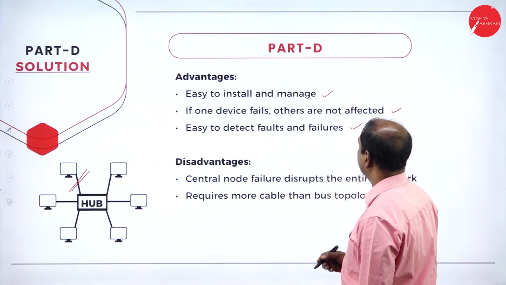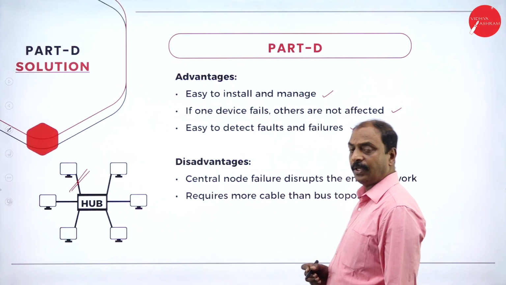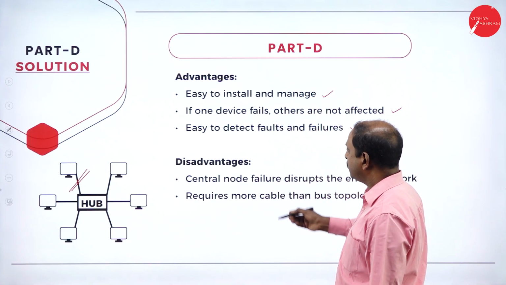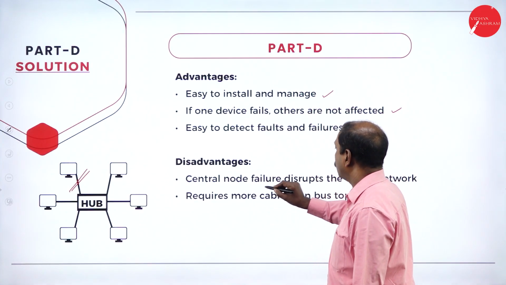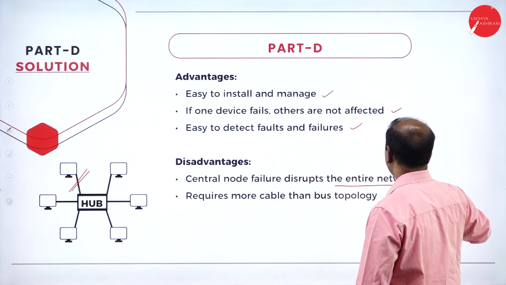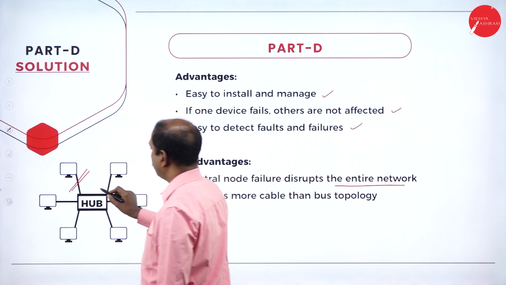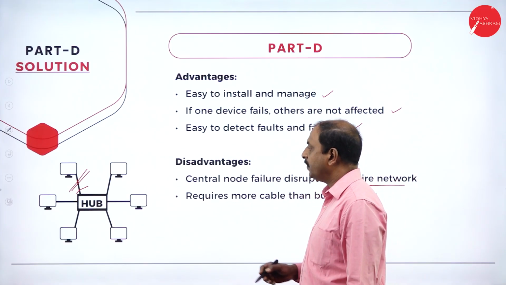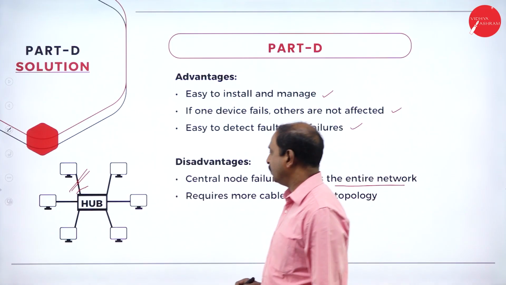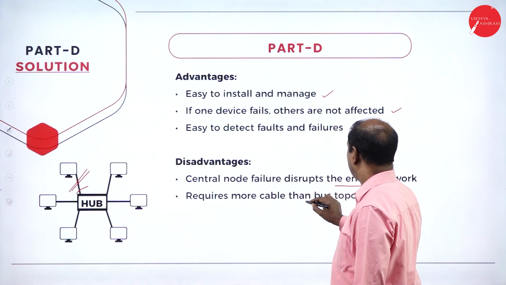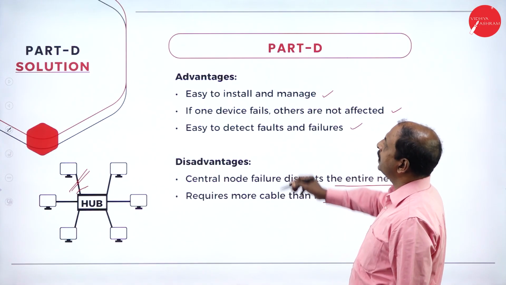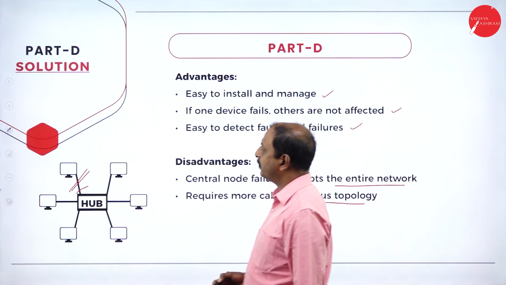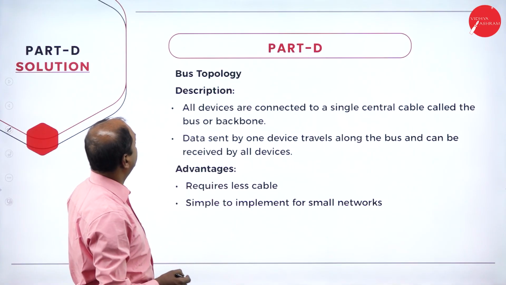Easy to detect faults and failures. And what are the drawbacks? Disadvantages: central node failure disrupts the entire network. Means any problem with the central node or the main hub itself, the entire network goes down. Also, it requires more cable than bus topology. These are the advantages and disadvantages of star topology.